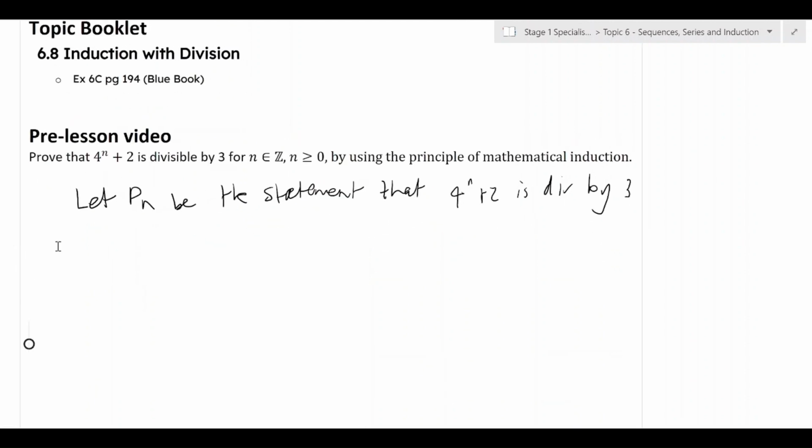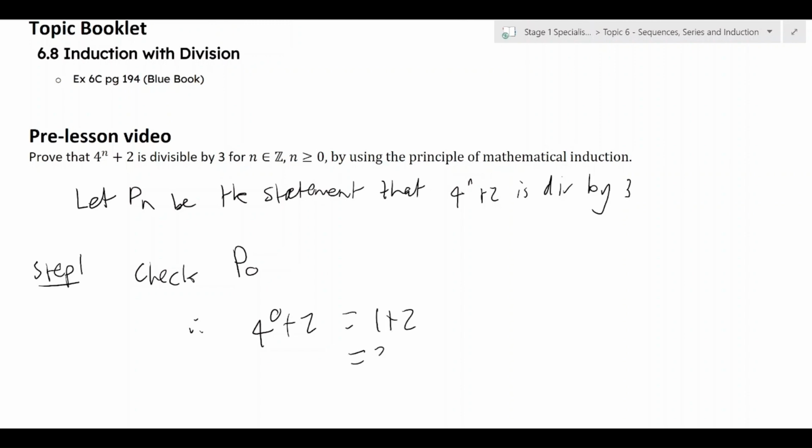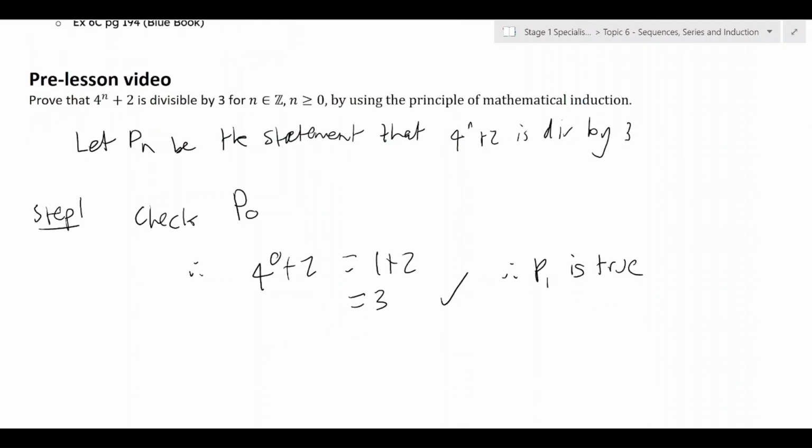So step 1 is usually to check P1, but we're not starting at 1, we're starting at 0, so you could check P0. Therefore, 4 to the 0 plus 2 equals 1 plus 2, which is 3. Therefore, P0 is true. So step 1 is done.